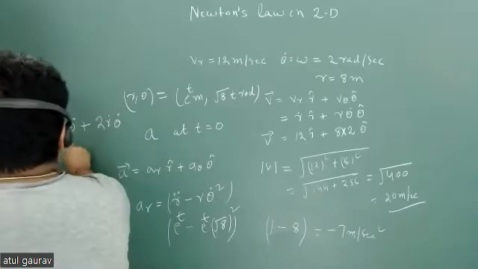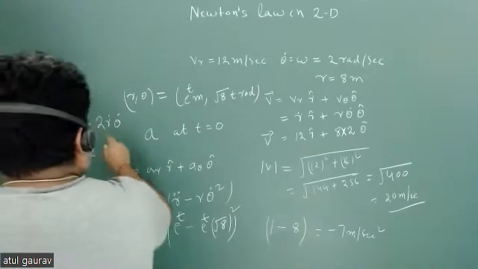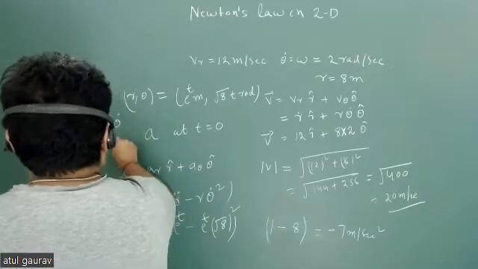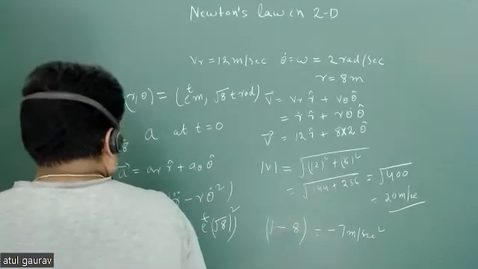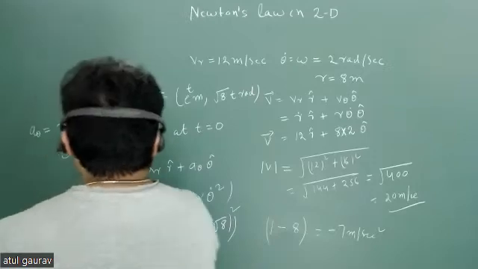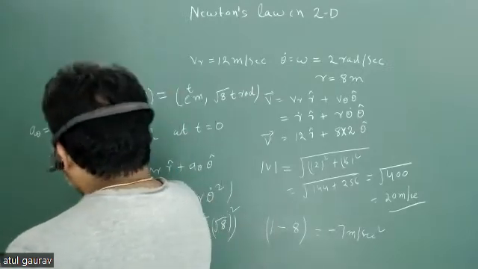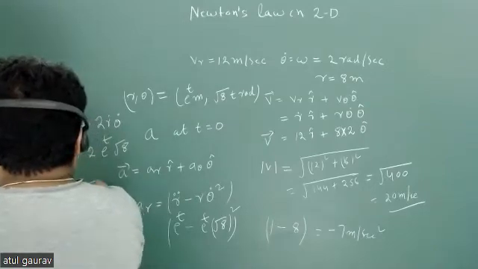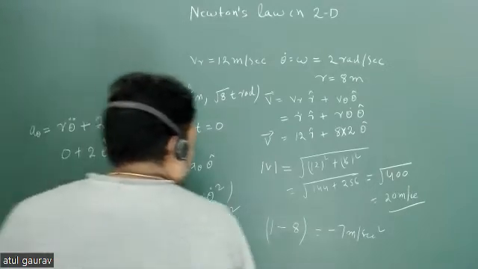What is r dot? E to the power t. What is theta dot? Root under 8. And now again you have to put t equal to 0. So this value is 2 root under 8.